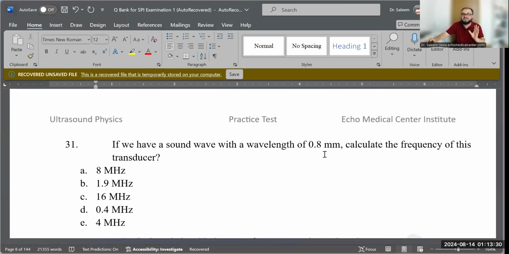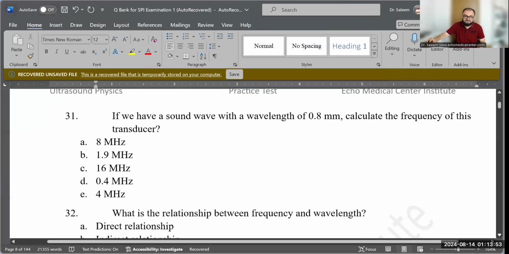You have to memorize that propagation speed of the sound in the soft tissue because that's important for us. Okay, so if we do that, 1.54 divided by 0.8, the answer was B, 1.9 megahertz. You are absolutely correct. I know you chose that answer too. Good job. Okay, let's do the next question.